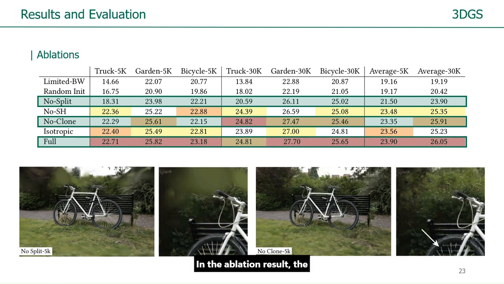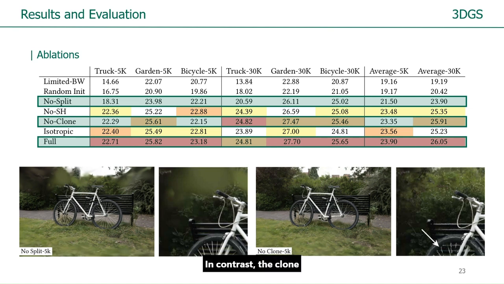In the ablation result, the no-split case shows that detailed structures, such as the leaf in the background, are not properly reconstructed. Large Gaussians remain in the scene, resulting in noticeable degradation of the image quality.